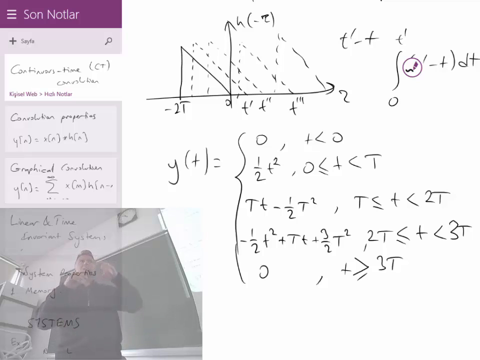So they match at the boundaries. At 2 capital T, this will have a value, and at 2 capital T, this value here will be the same. And it goes down to 0 when t is equal to 3 capital T, which is the same as the last thing.